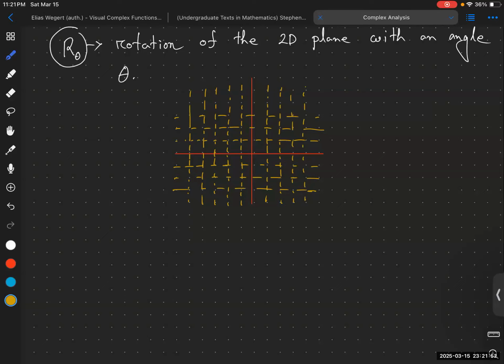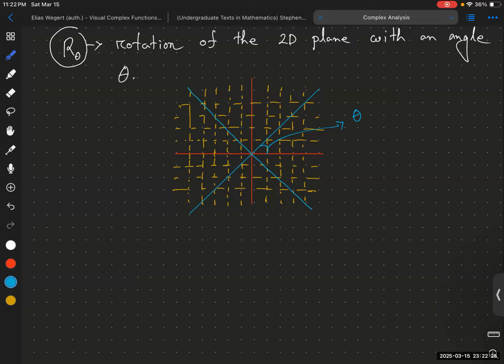So this is our initial coordinate system, and after applying R theta, it is rotating our coordinate system by an angle theta. So our new coordinate system will be something like, let's say this angle is theta. So R theta is basically rotating our coordinate system with an angle theta.